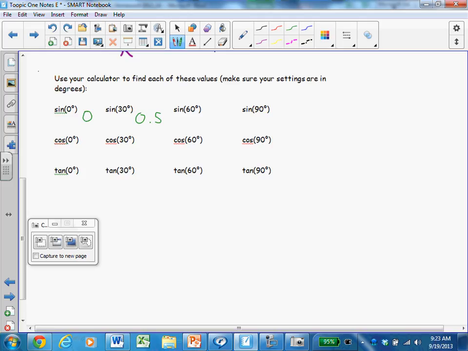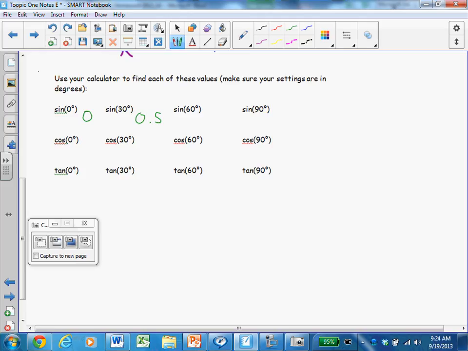Let's see. It's got to be on here. Let's try OPTN. Oh, that didn't work. All right, see where it says angle radian? I hit setup. So shift setup. I'm going to go down to this thing that says radian. How do you change that?